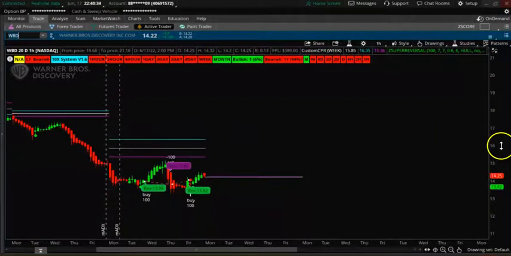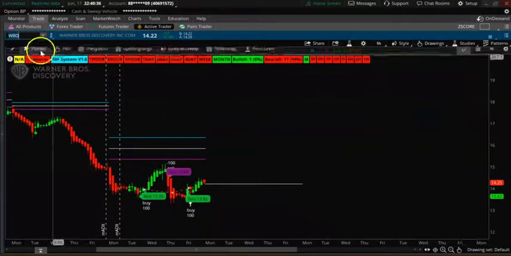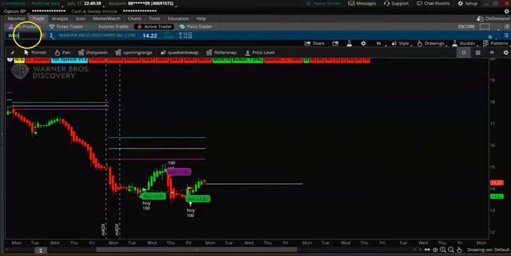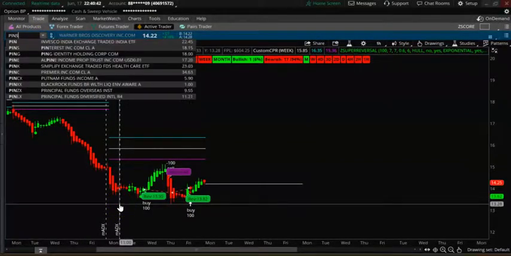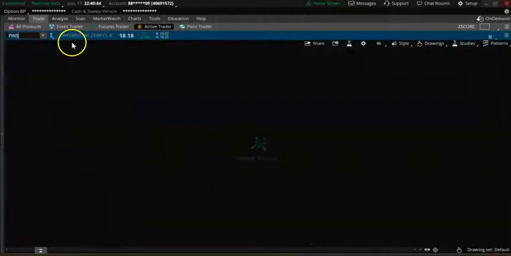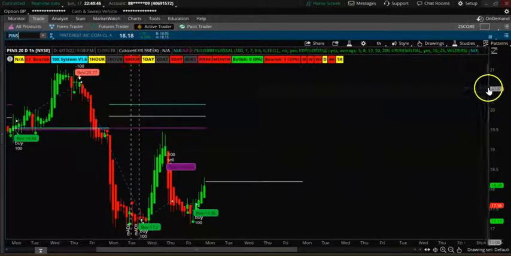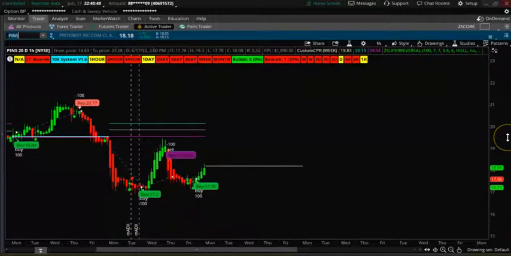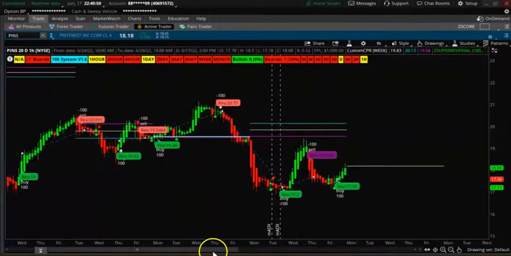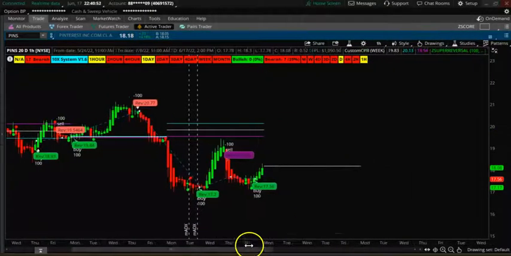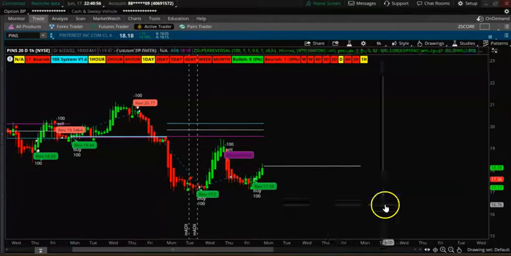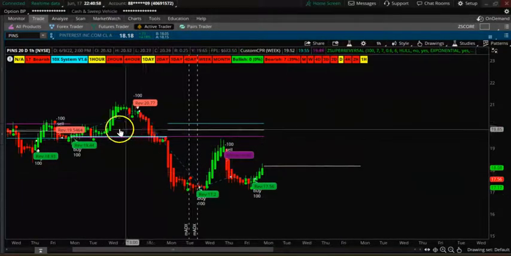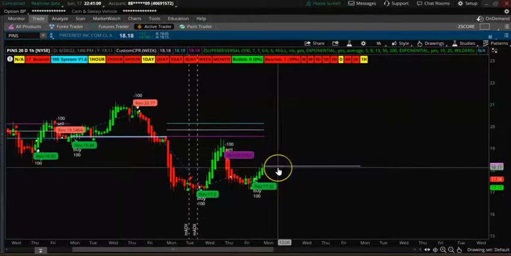Okay. So let's look at PINS. Also downtrending. Okay. So you have a narrow CPR, right? But I think this will definitely go down. Okay. So it's because the CPR is trending down.